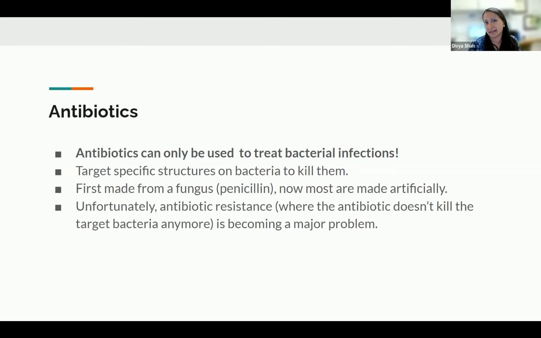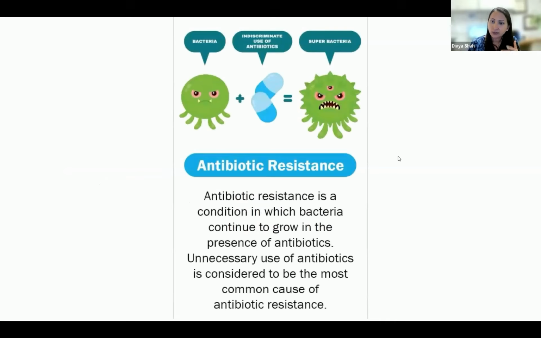What is antibiotic resistance and how does it occur? In a nutshell, it's when an antibiotic does not kill the target bacteria anymore. Now, how does this happen? More or less, antibiotic resistance is a condition where bacteria keep growing even when an antibiotic is around. The most common way this happens is unnecessary use of antibiotics. So using them too much, too frequently, or in the incorrect scenarios can lead to what we see at the top here.